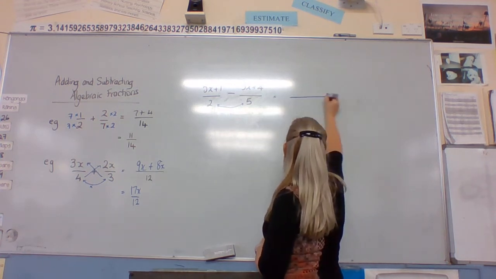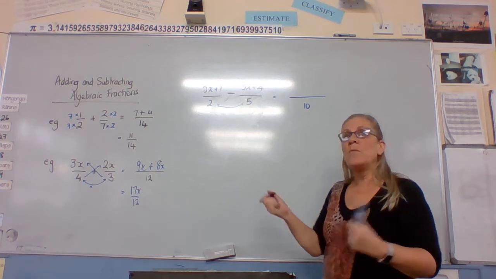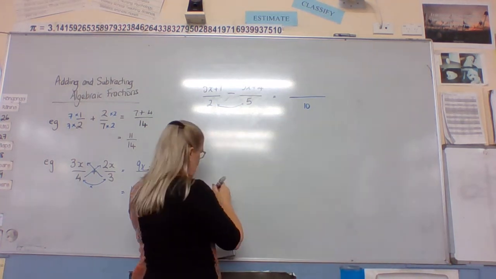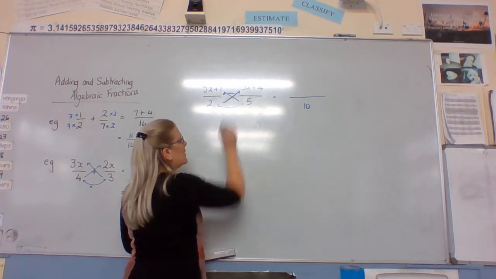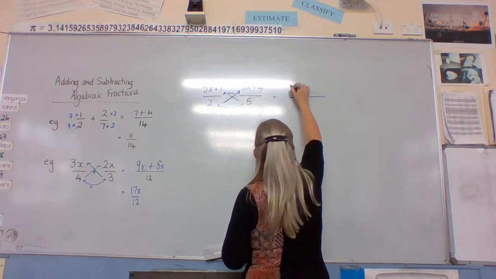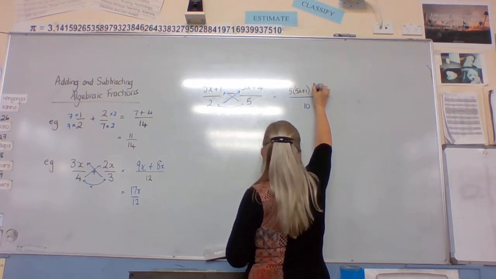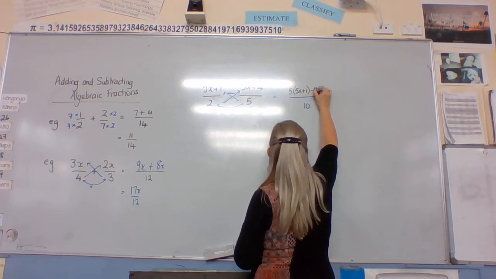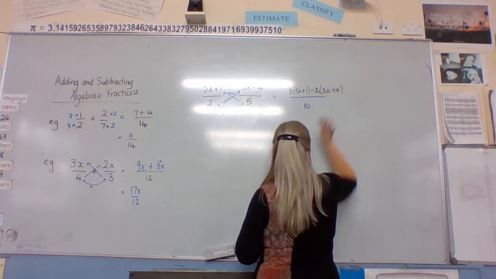Yes, 10. No problems there. What's the top going to be then? So now we've got more junk on the top. We actually want to multiply out brackets. Watch that negative though. So we've got 5 times 5x plus 1 and minus 2 lots of 3x plus 4.